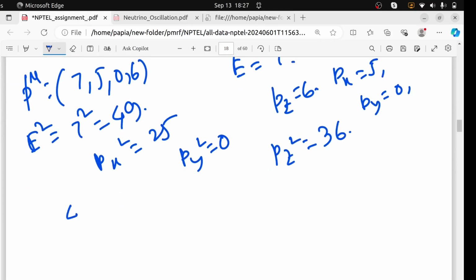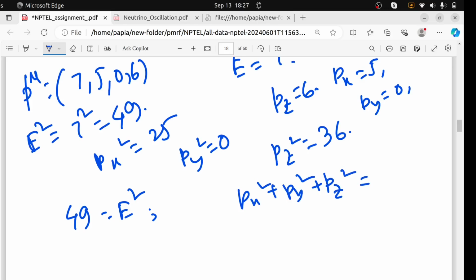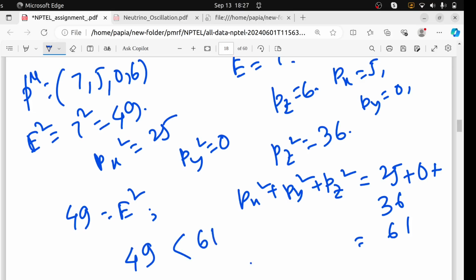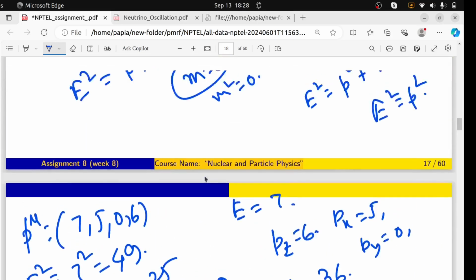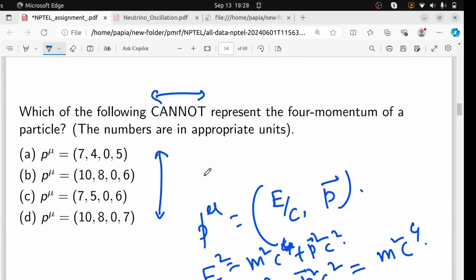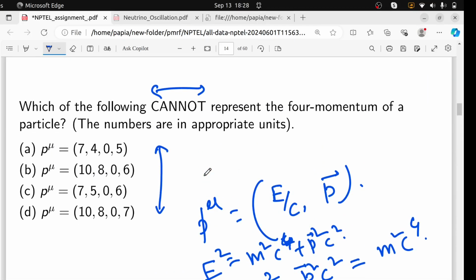Now px squared plus py squared plus pz squared is 25 plus 0 plus 36, which is 61. Obviously 49 is less than 61. That means in this case E squared is less than p squared, which is not correct, because m squared should not be a negative value. So the answer to this question, which of the following cannot represent the momentum of a particle, is option C.